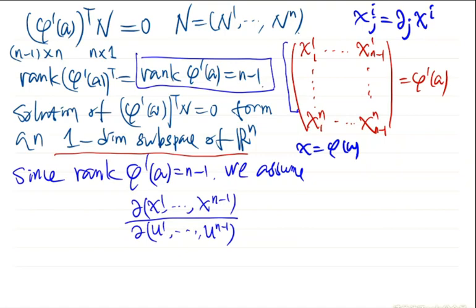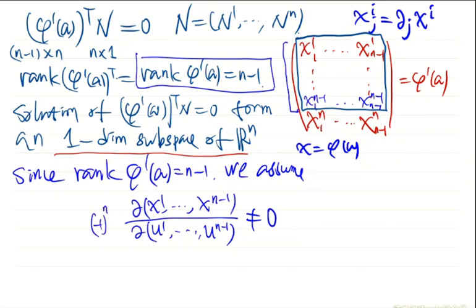We assume that this block is nonsingular. The determinant of this block is the Jacobian determinant of x_1 through x_(n-1) with respect to u. So we assume this is not zero. Of course, we can multiply by a (-1)^(n+1), and we denote this by N_n.